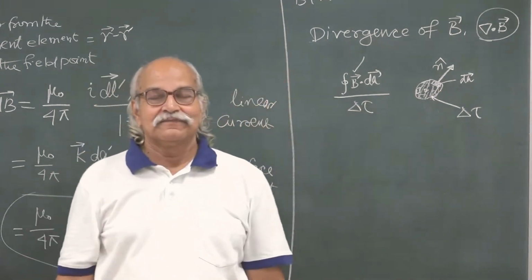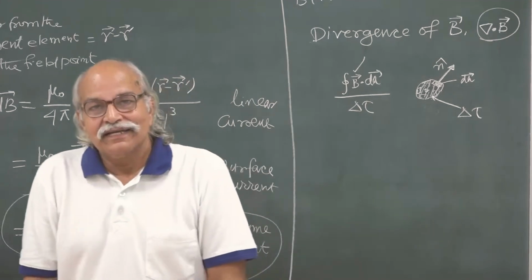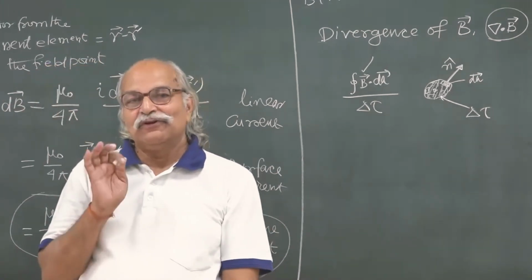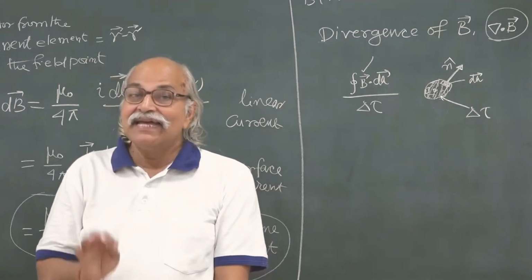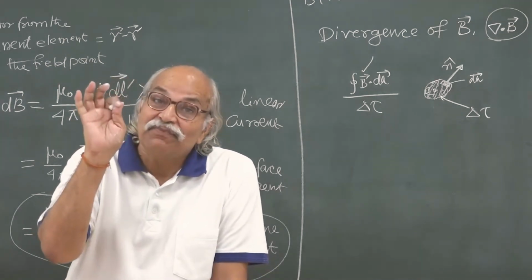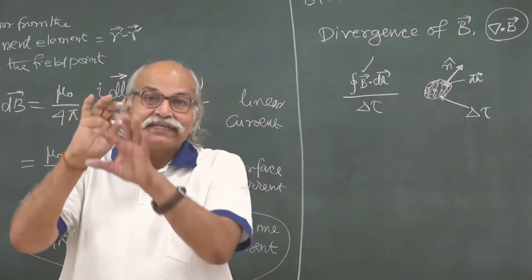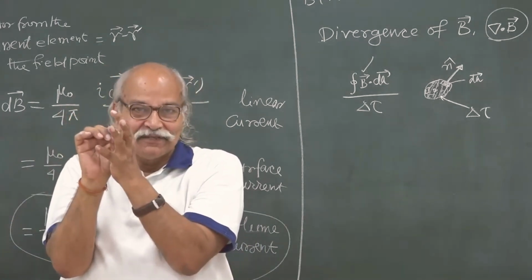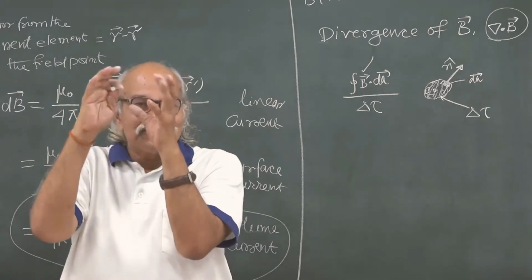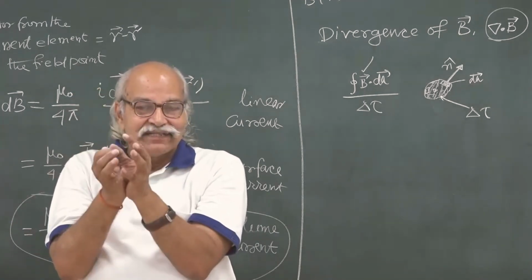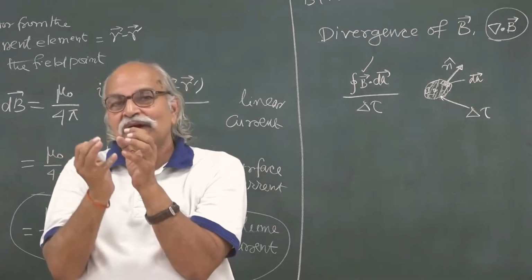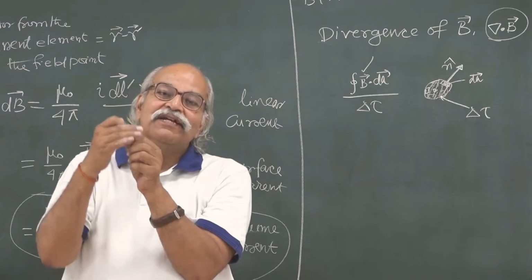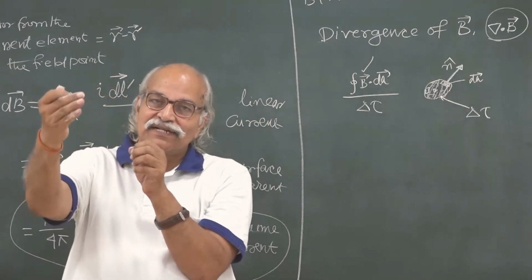Once again I repeat, to get the divergence of a vector field at a given space point P, you construct a volume which encloses this point P. Then look at the surface of that volume, and on each small part of this surface you see the value of that vector field B, magnitude and direction.